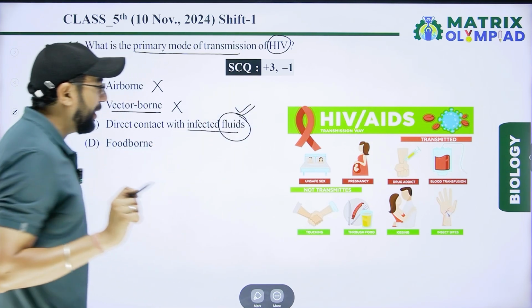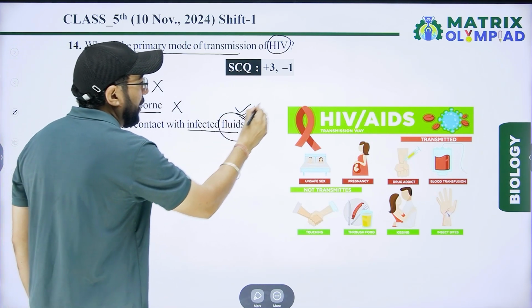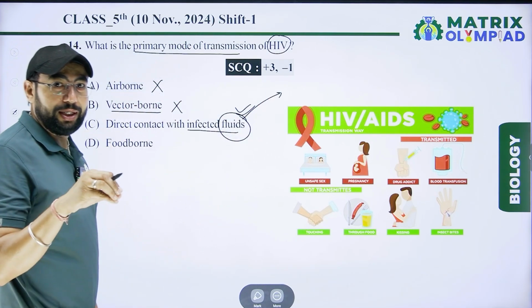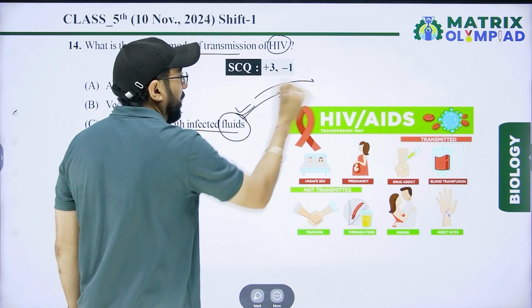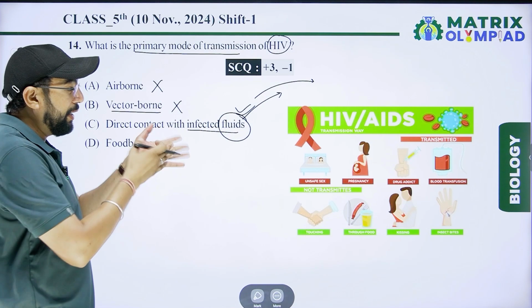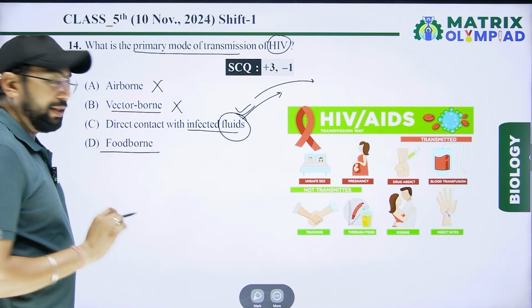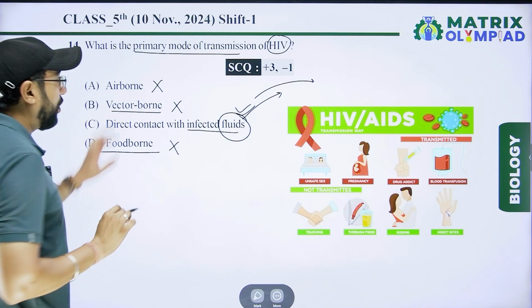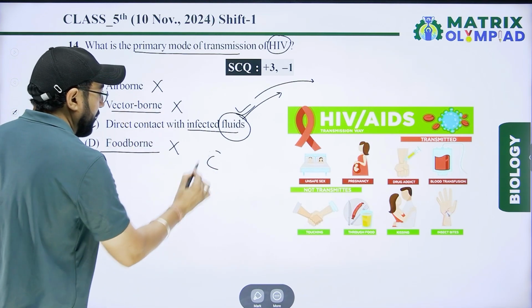This one is the right answer for HIV, because if a fluid medium is contaminated by HIV, it is transferred to another healthy person by fluid. Next, foodborne, that is wrong. So, according to the question, our right answer is option C.